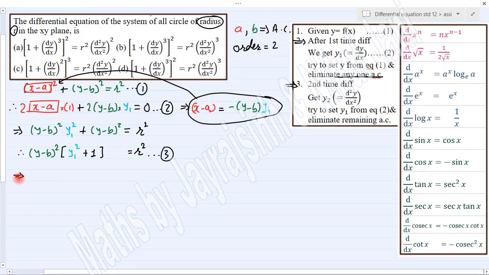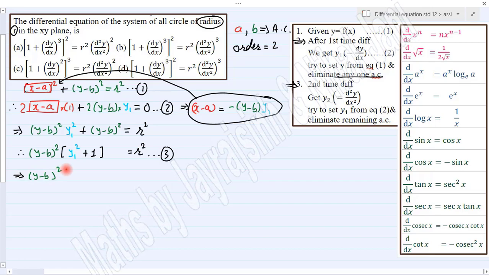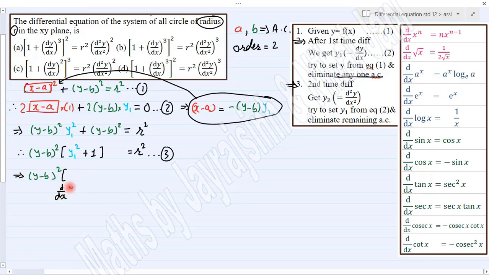Let's differentiate again. On the left hand side, we have to apply the multiplication rule. (y minus b) the whole square will be as it is, and we have to differentiate y1 square plus 1.